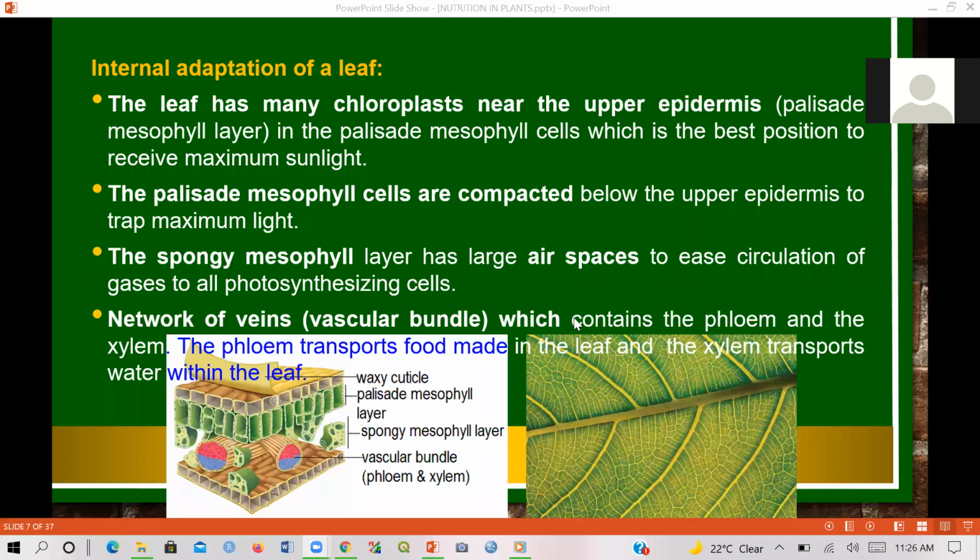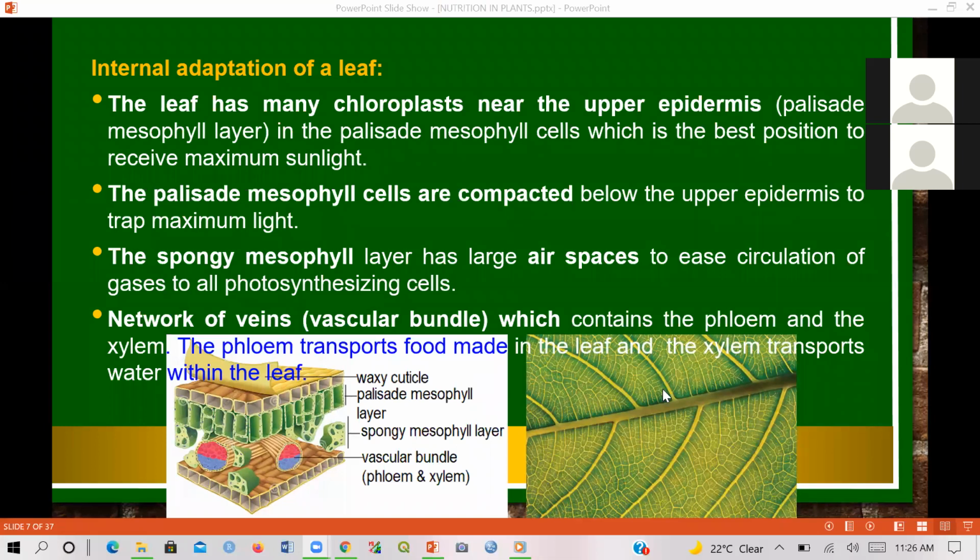So that in the vein we have the xylem, which transports water from the roots, from the stem to the leaves for photosynthesis. Then we have the phloem, which transports the manufactured food from the leaf to other parts of the plant. Make it 2 points. Yes. Okay, thank you.